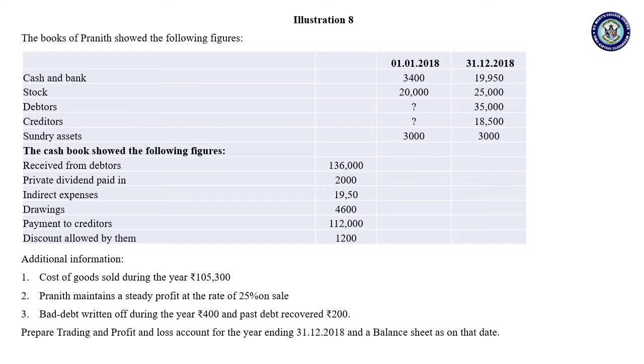That way you have to treat. So I repeat, private dividend paid in means he is investing it in the business. Paid in, it is coming into the business. Private dividend paid out means it is paid out of business cash.